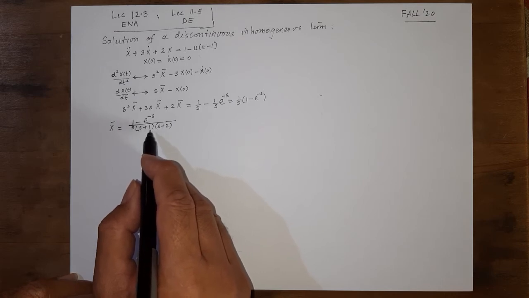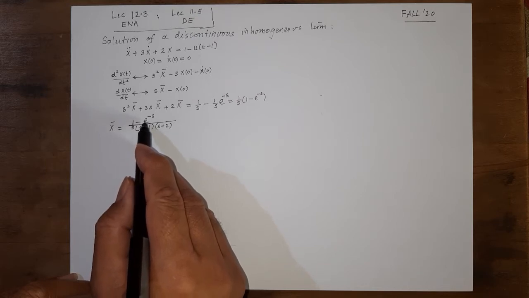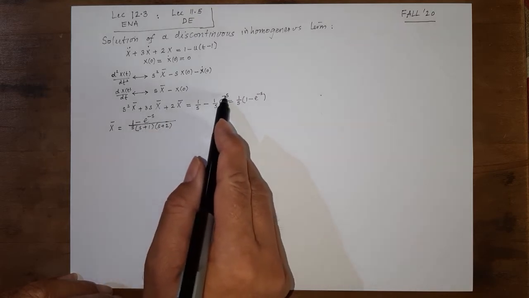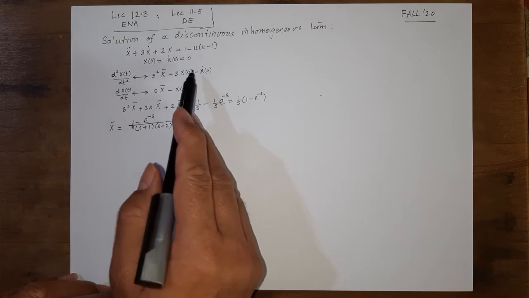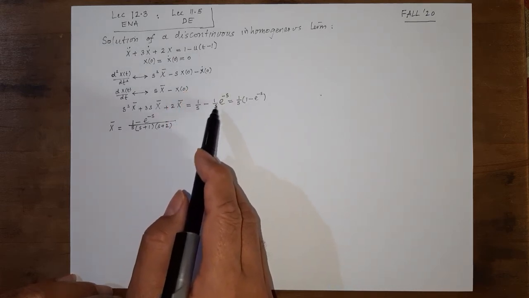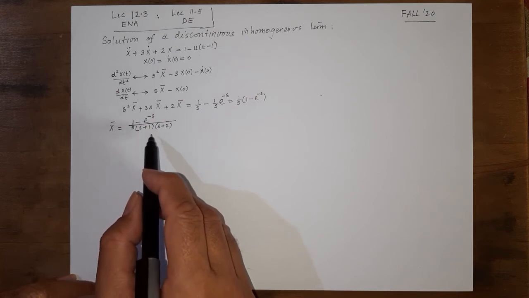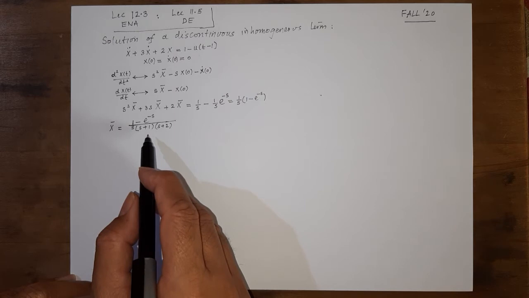But if you look closely, we have this e raised to the power minus s that was actually due to a shift of some function by 1. So perhaps we can also employ that.